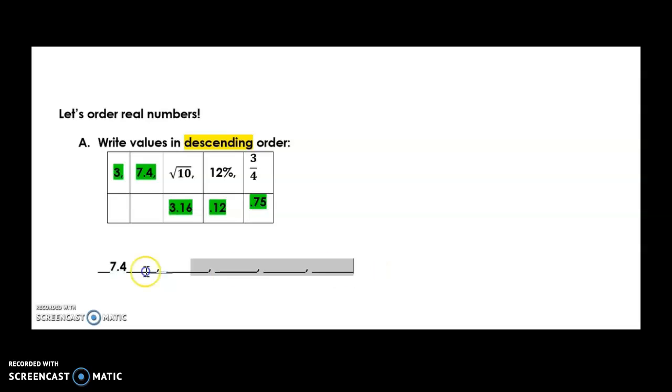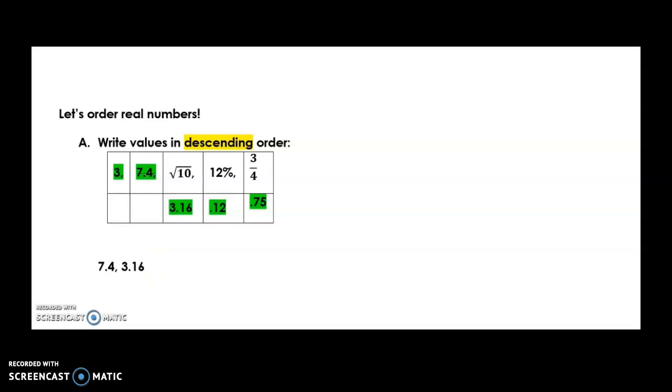So 7.4 is going to come first. Next in line, this one's crossed off for now, so I'm going to strike through it for a minute. So we're ignoring it. So looking at those other green values, 3 and 3.16 would come next.